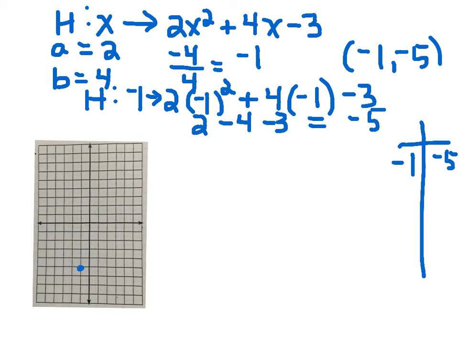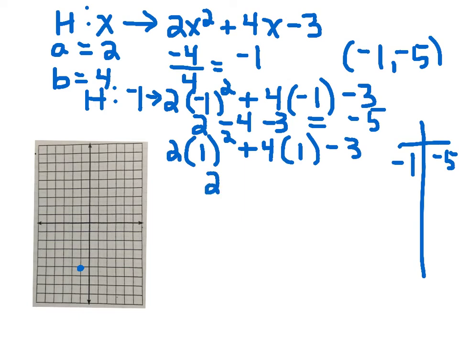Okay, it's going to open up. So let's try plugging in +1. What happens when I plug in +1? 2 times 1 squared plus 4 times 1 minus 3. So this is 2 plus 4 minus 3. 6 minus 3 is 3.